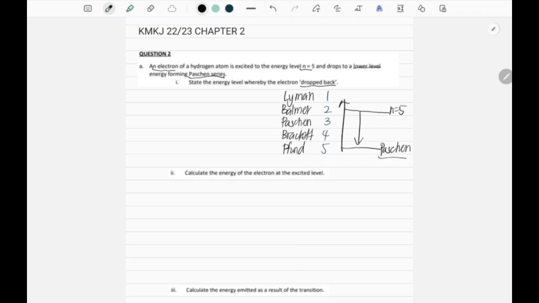So Paschen is the third, so n equals 3. Remember the letters L, BA, PA, BP.